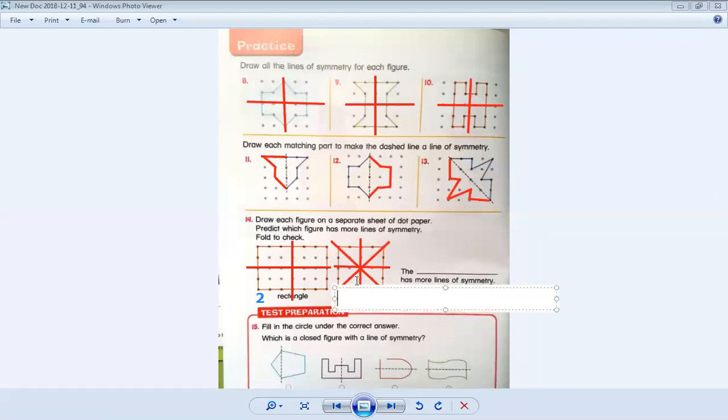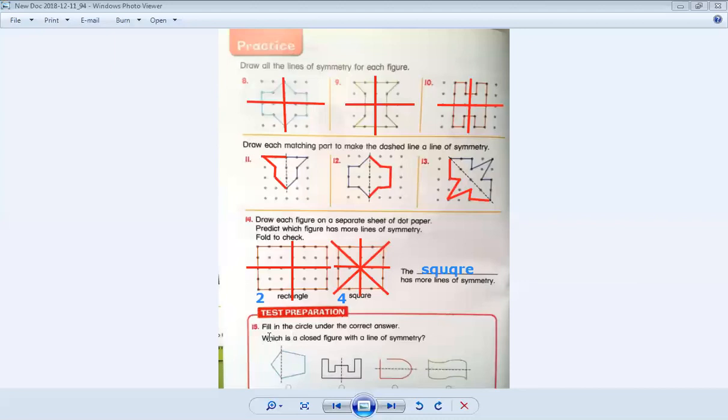The square, I have 4 lines of symmetry. The question is, predict which figure has more lines of symmetry. So I will write for him the rectangle or the square. Sure, I will write for him the square has more lines of symmetry.